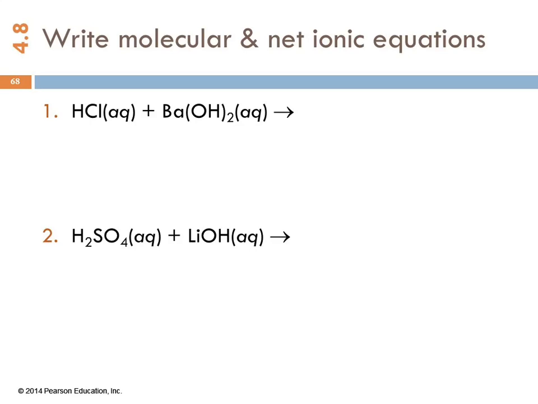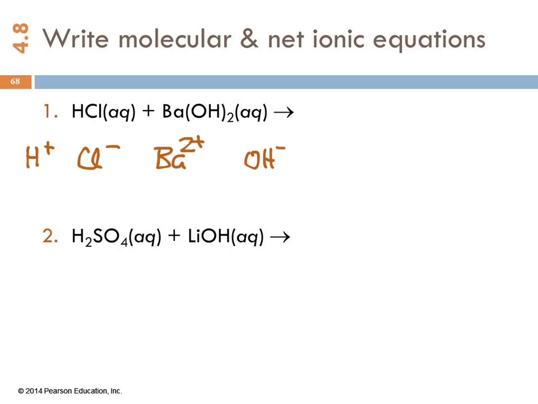So, let's write molecular and ionic equations for these two. We're going to approach these just like we approached the precipitation reactions, swapping partners. So HCl is H plus and Cl minus, and barium hydroxide is Ba2 plus and OH minus.